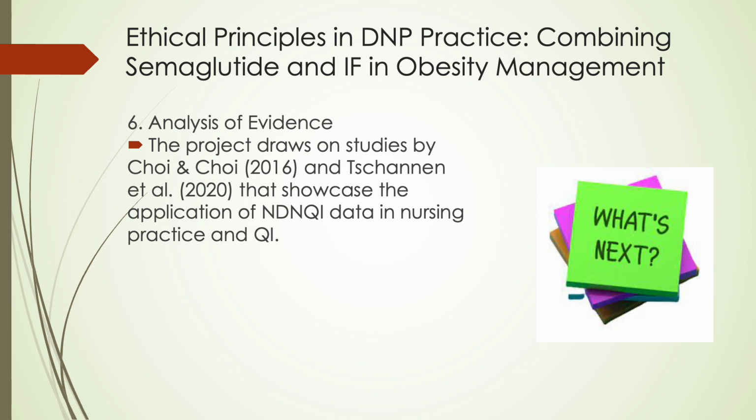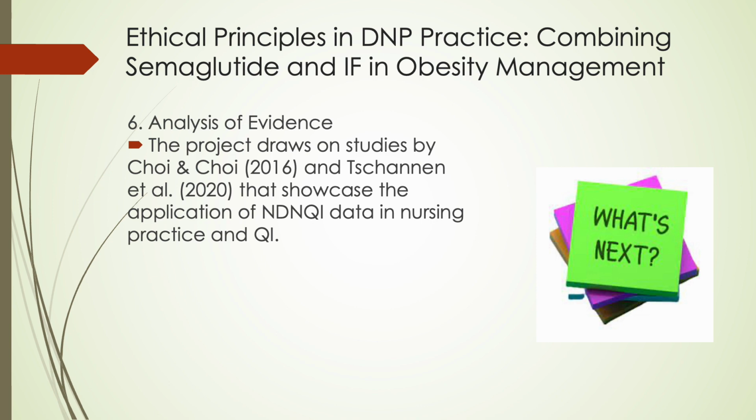And so let's go through the analysis of evidence. The evidence indicates that semaglutide, a GLP-1 receptor agonist, effectively induces weight loss and is commonly used off-label. Similarly, IF has garnered traction as a beneficial dietary approach for weight management. However, the combination of these two strategies introduces complex ethical considerations, particularly regarding beneficence.